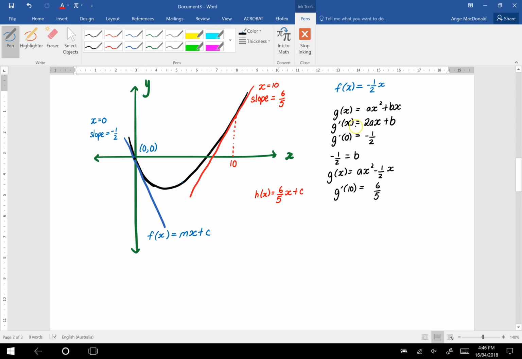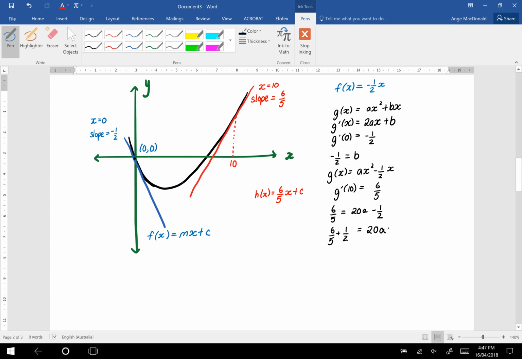So back up here is our g dashed function, so we can now say that 6/5 equals 2 times a times 10, so that's going to equal 20a plus b, but remember we know that b is minus a half. That allows us now to find a, so that's going to be 6/5 plus a half equals 20a.